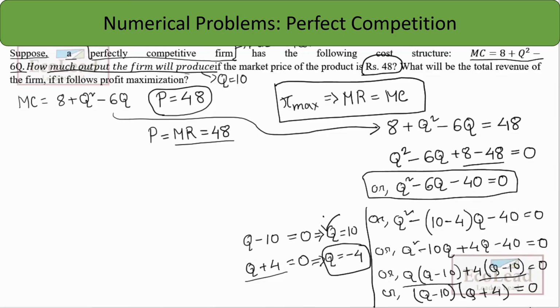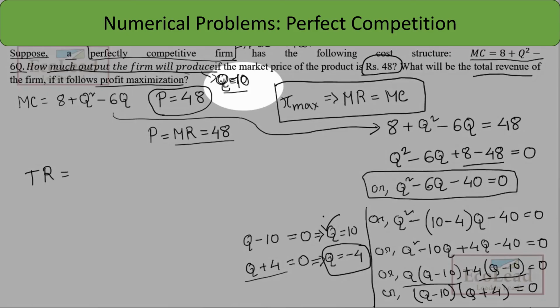In the next question, it was asked what will be the total revenue of the firm if it follows profit maximization. Remember, this profit maximization condition is what we used to identify q. So if it is maximizing profit, q equal to 10 will be the output. In this situation, for the total revenue formula, we put this value of q.